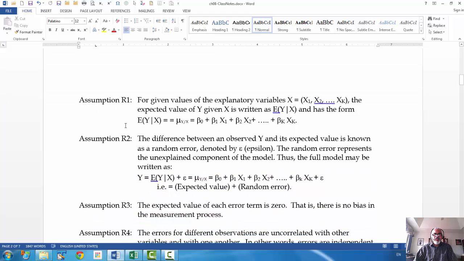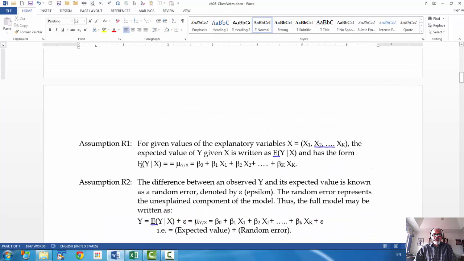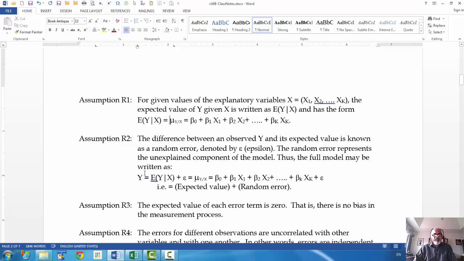The first assumption is the model itself, that is, the expected value of y given x, the mean of y, is that regression equation. Assumption 2 is that the actual value of y is the mean of y given x, mu sub y given x, plus an error term.